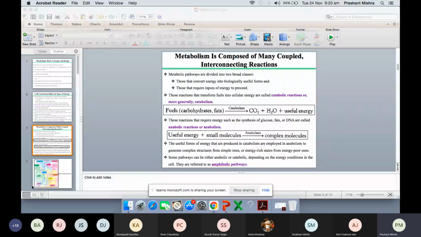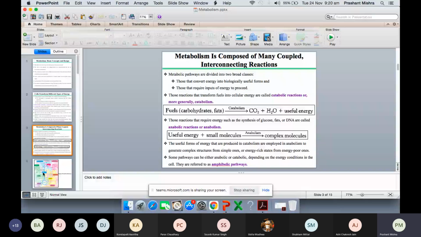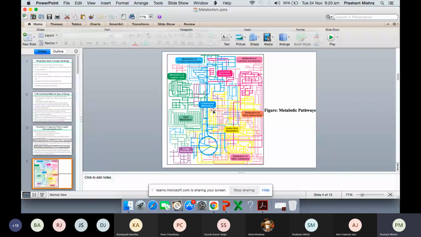Now, just to give you a glimpse of the type of reactions which are occurring, you have a central theme where energy is being generated, that is the TCA cycle, which produces energy, and this energy can be utilized for different reactions, for synthetic reactions. Then you have several complex carbohydrates and other molecules which are catabolized, and when they are catabolized, they make a central molecule which is going to produce all forms of energy.